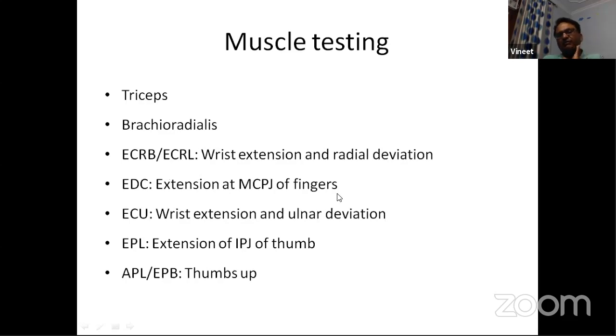EDC, extension at the metacarpophalangeal joints. I've already shown the slide of how to do that. ECU would be wrist extension and ulnar deviation. EPL is one of the easiest muscles here because it is a pure action, a single joint, extension at the IP joint. No other muscle is causing that extension.